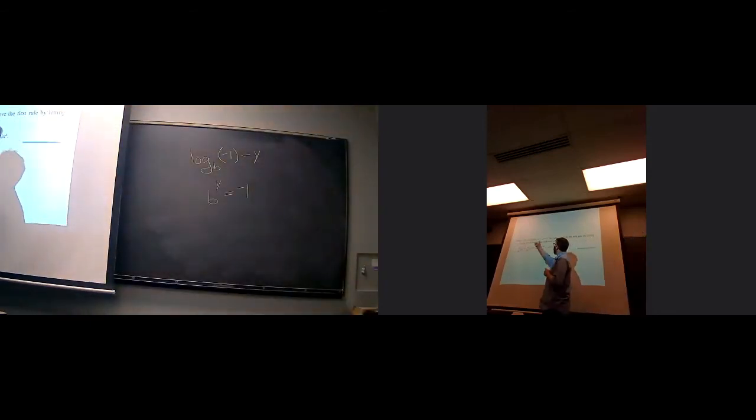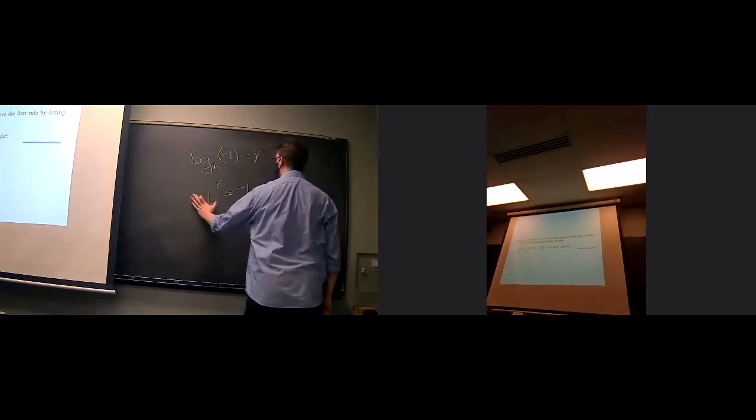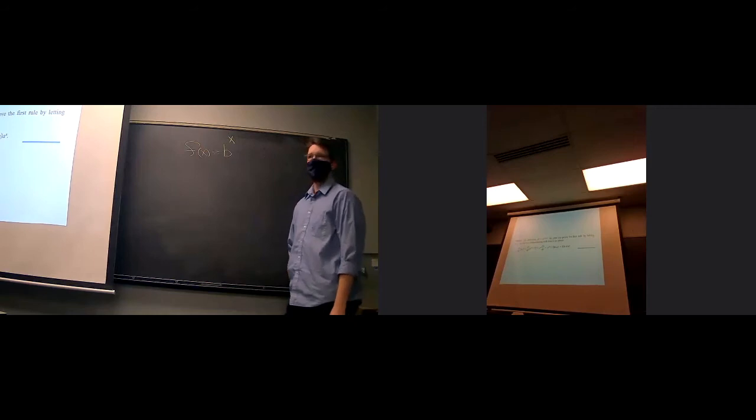So jumping ahead, we want to see the derivative. Let me write it out like this on the board. Let's say we're given a function, f of x is equal to b to the x. What is that derivative?